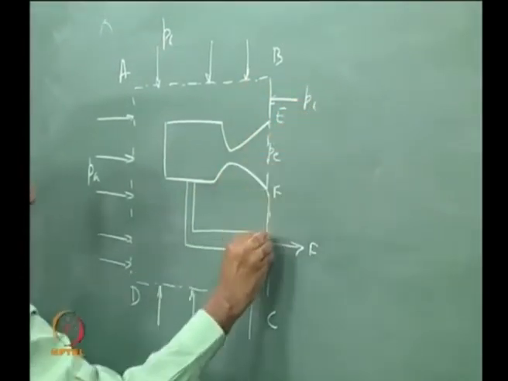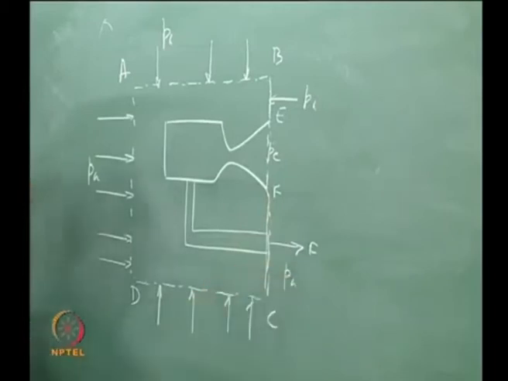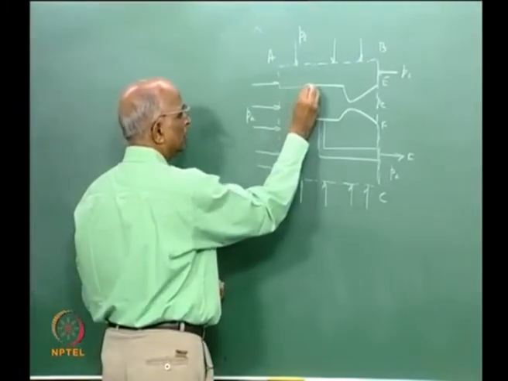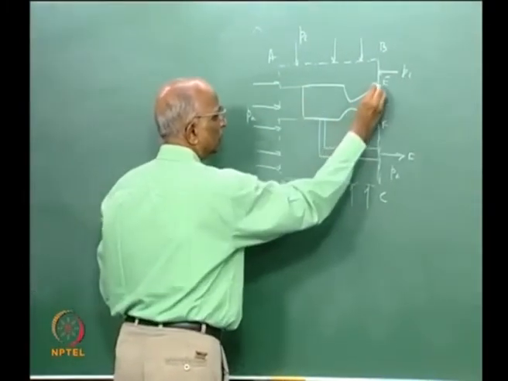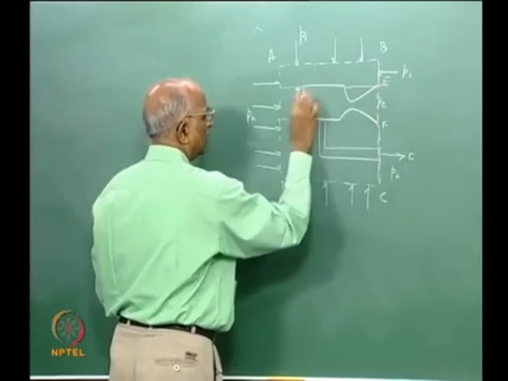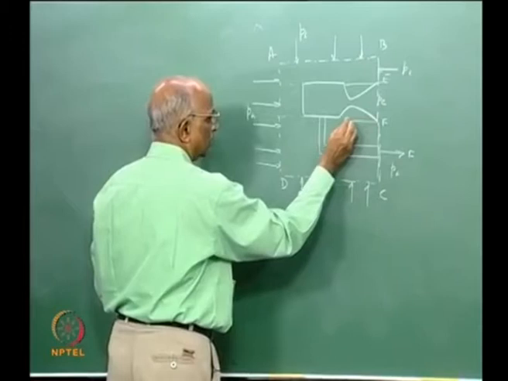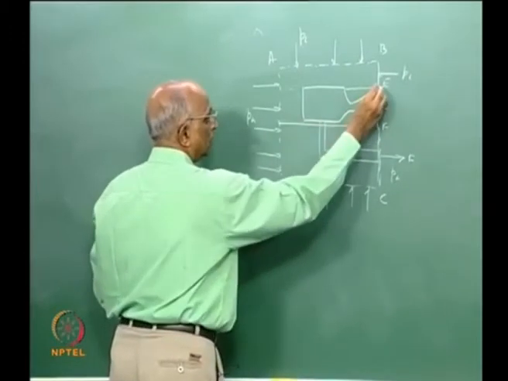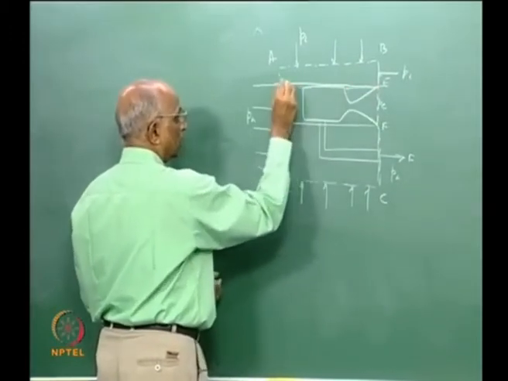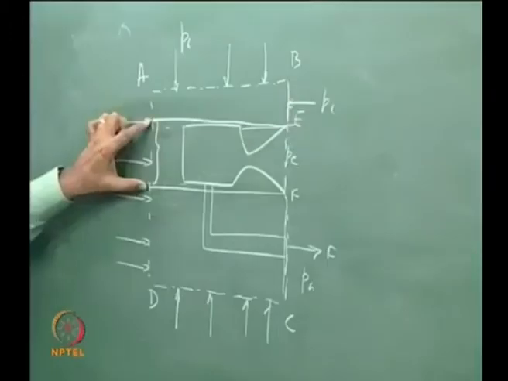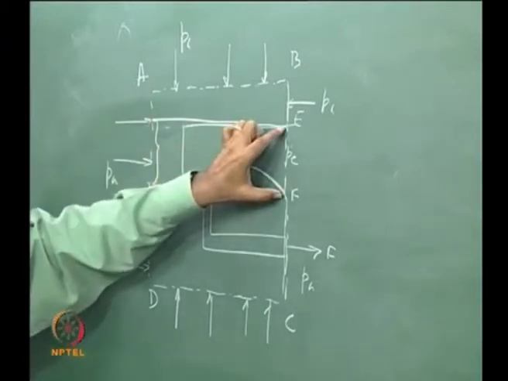Therefore, the only place where I have a difference in pressure is in this region. Over this particular area I have ambient pressure PA acting, over here PE is acting.